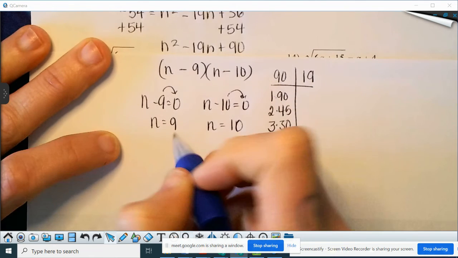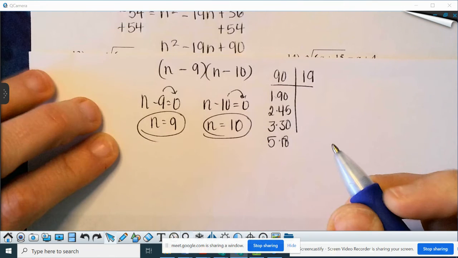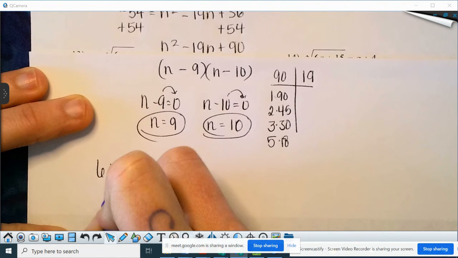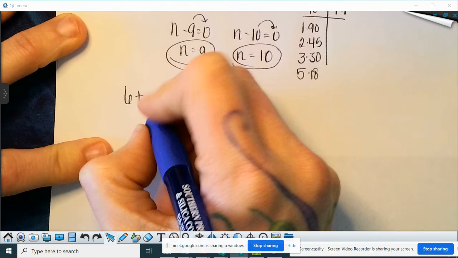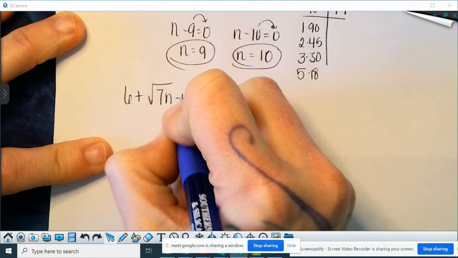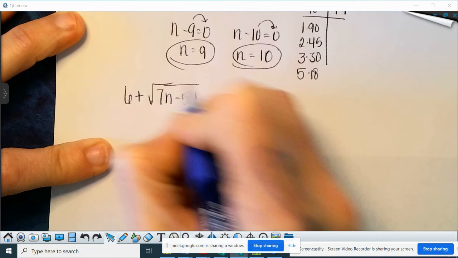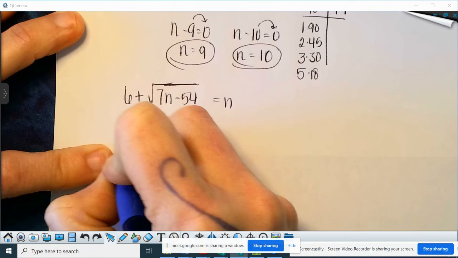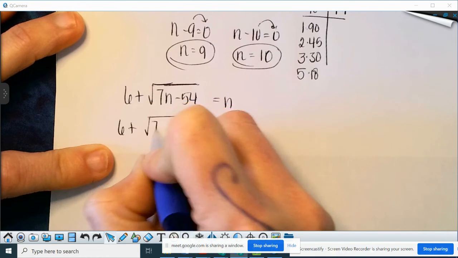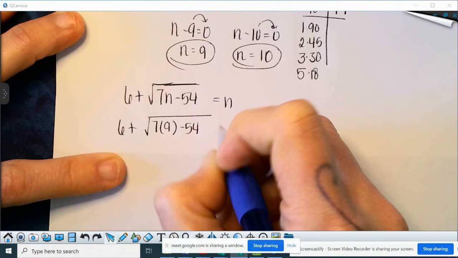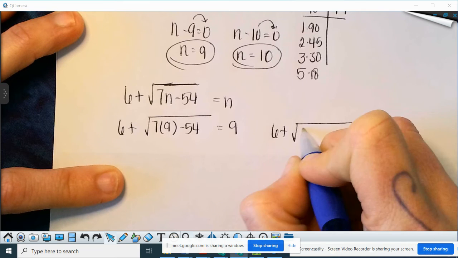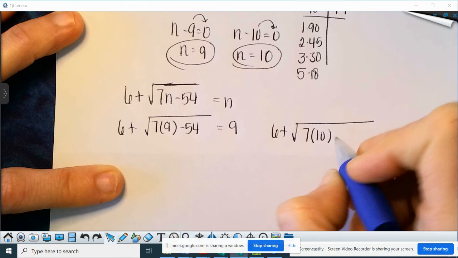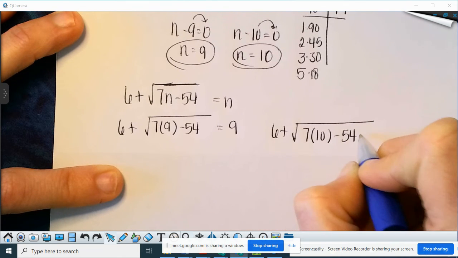So hopefully both of these are viable answers. So if we check it, I think I'm running out of space. The square root of 7n minus 54 equals n is the problem we're working on right now. So 6 plus the square root of 7 times 9 minus 54 equals 9. And then 6 plus the square root of 7 times 10 minus 54 equals n.